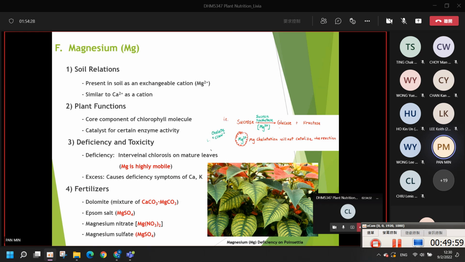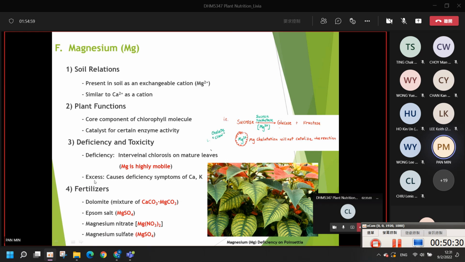Magnesium is also crucial in stabilizing ribosome structure. Therefore, a severe lack of magnesium can cause the depolymerization of ribosomes, leading to premature aging of the plants.